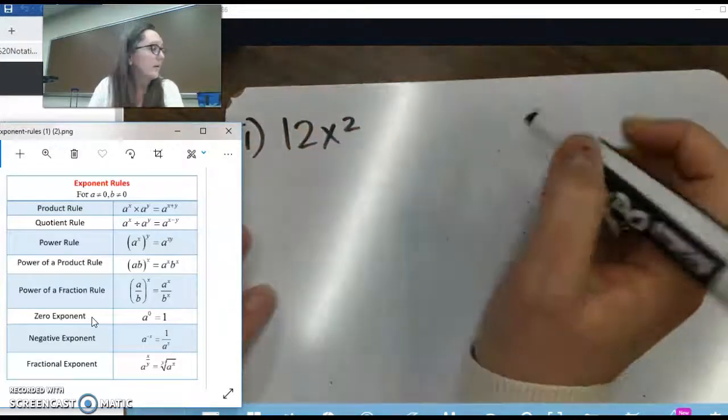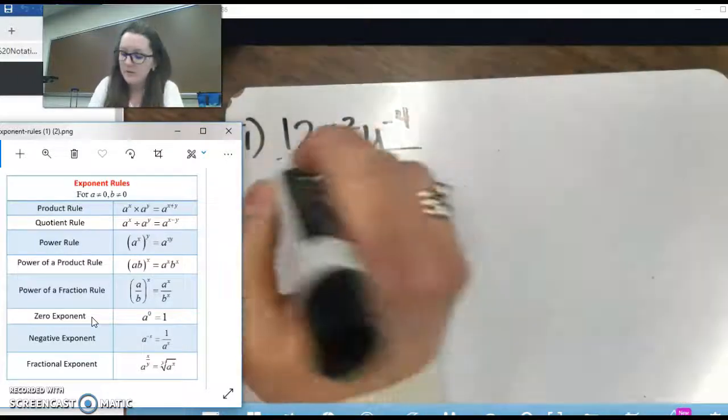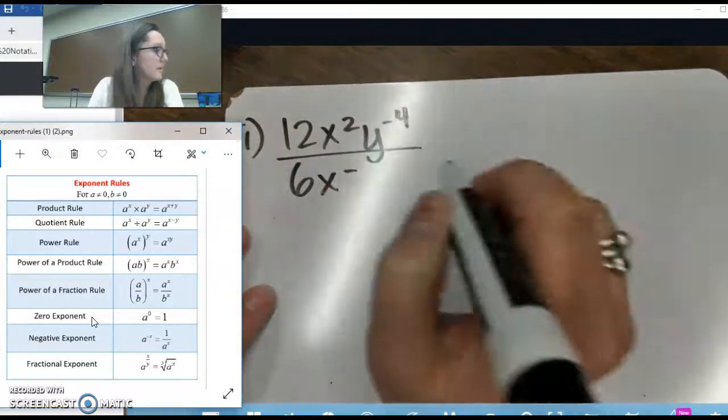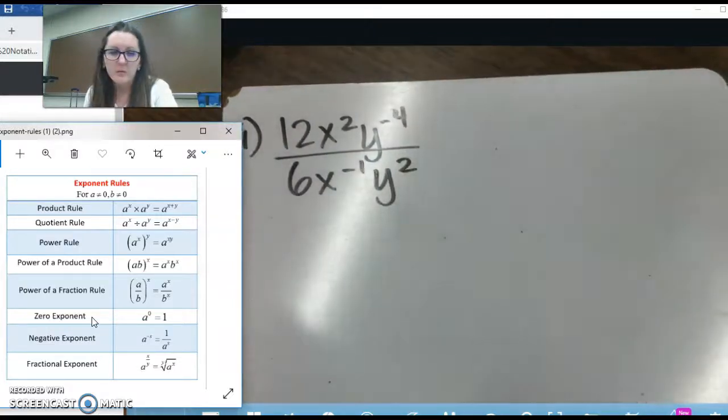12x squared y to the negative 4 divided by 6 times x to the negative 1 y squared. Okay, before I do anything, I want to make sure that my values are positive. That's my first step, so I don't get confused with all the negatives.